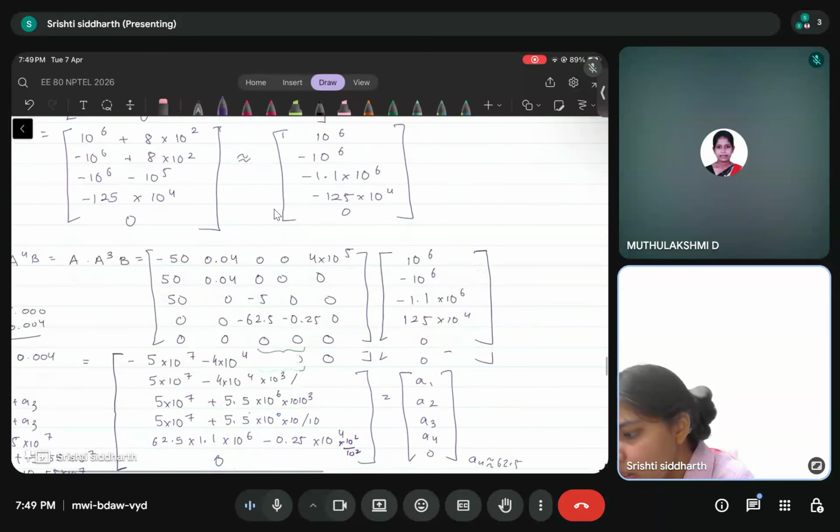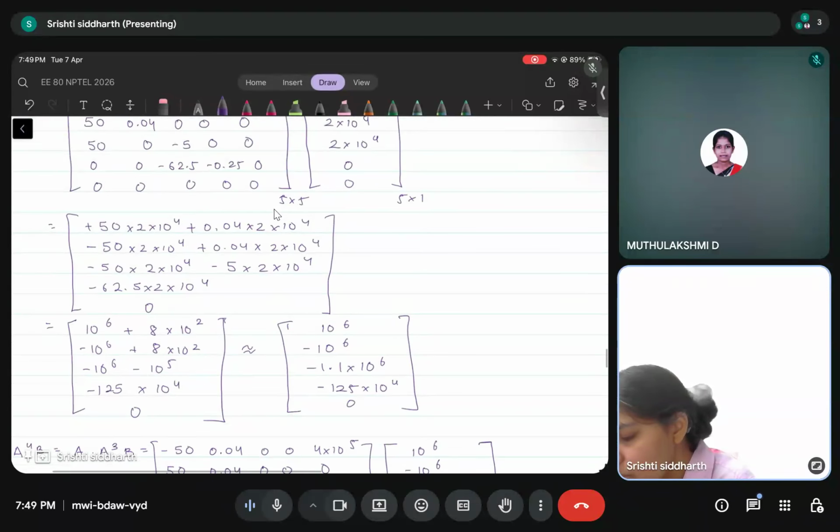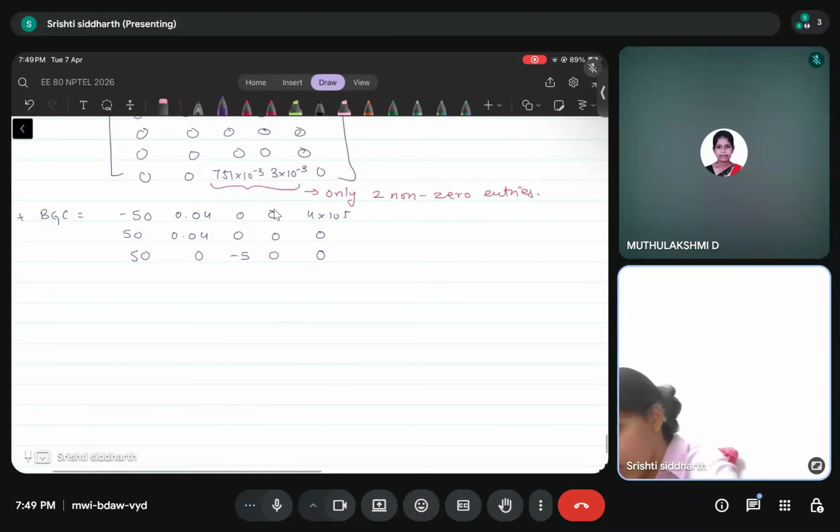Then it's 0, 0. So it's minus 62.5 and 0.8. And the last row of A is 0, and we have added those two elements. This is 0, 0, 751 into 10 to the power minus 3 and 0.